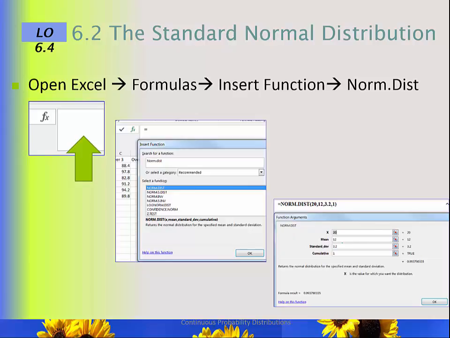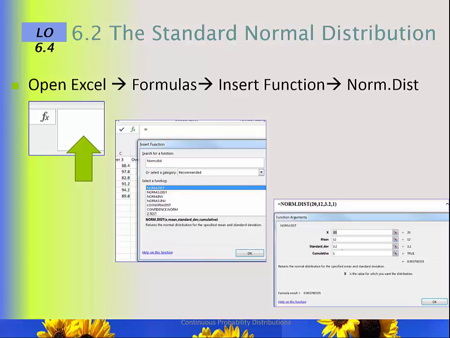You have to put in X, the mean, the standard deviation, and the cumulative of 1, which means that we're looking for a cumulative distribution as opposed to just pieces of it. The hard thing is remembering which number goes where. So just remember that whatever number you're trying to solve for, that'll go in the first spot, and then you put the mean and the standard deviation and the cumulative of 1.